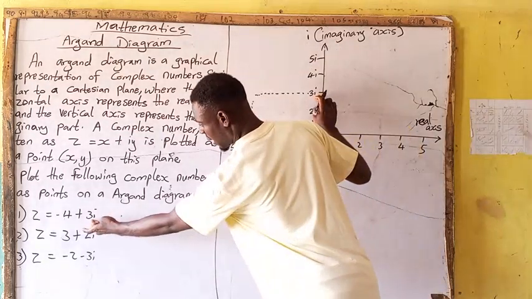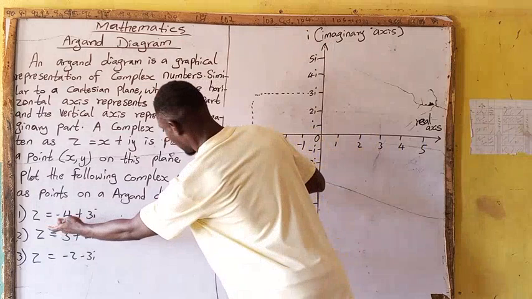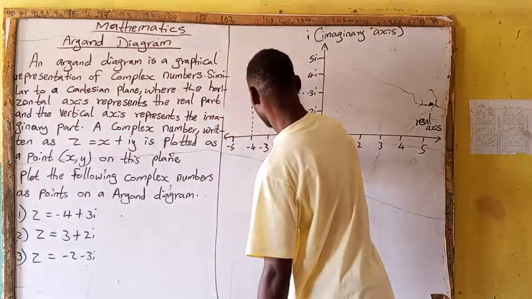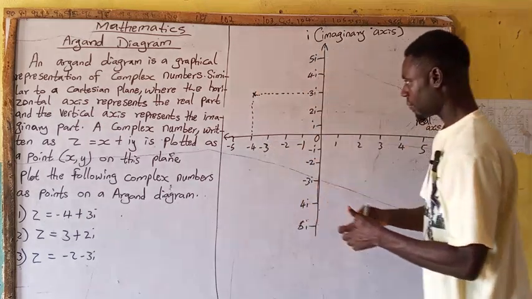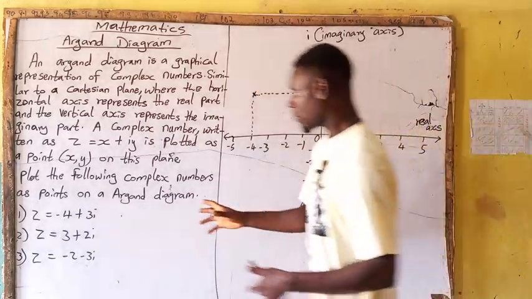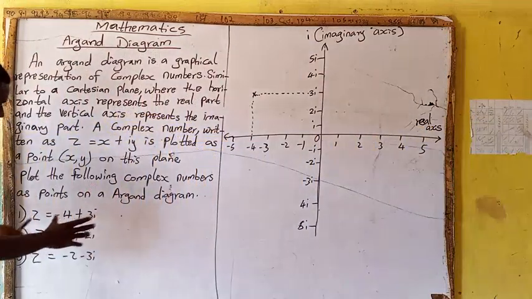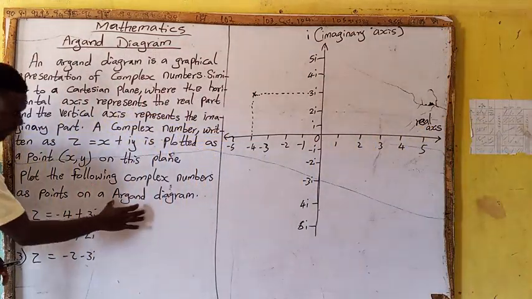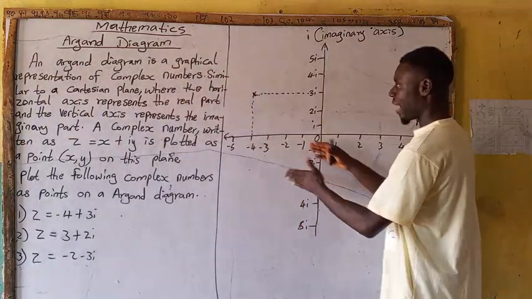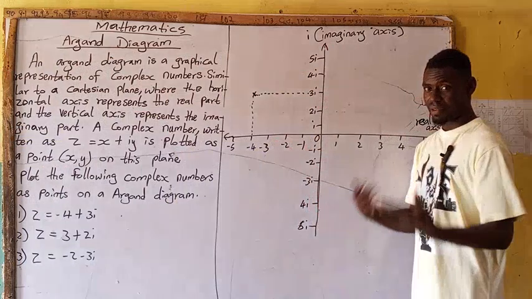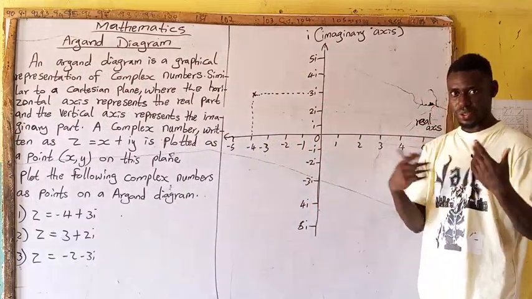The x is -4, so we trace, and the point at which they meet, you see this point now? We have represented this as a point on the Argand diagram. So by the time we have so many points, we can use them to plot a graph. It's just like a normal graph, you know.